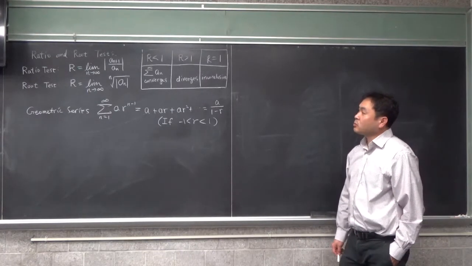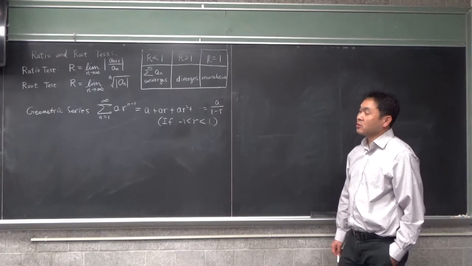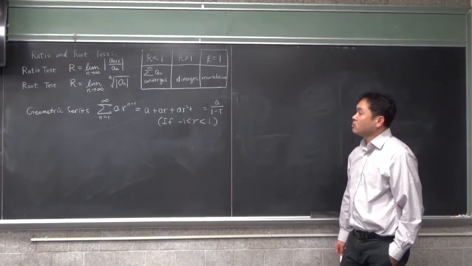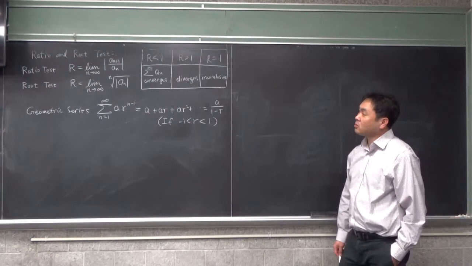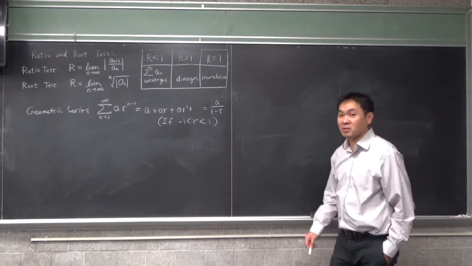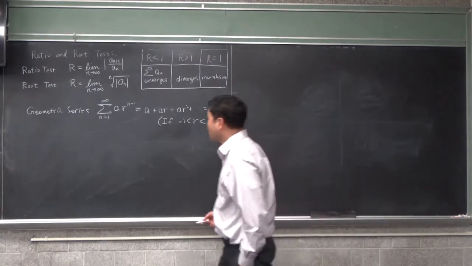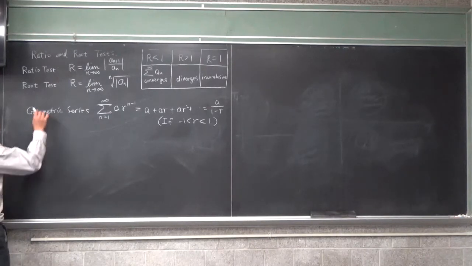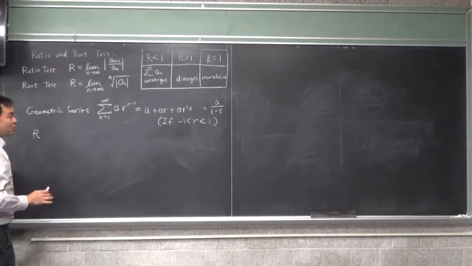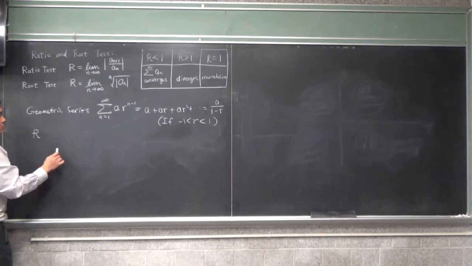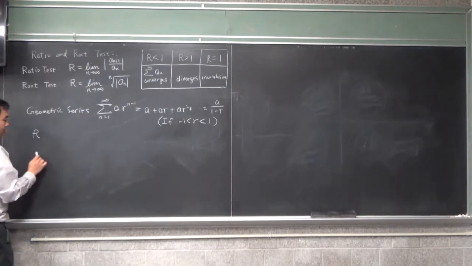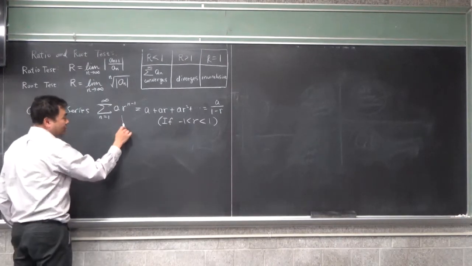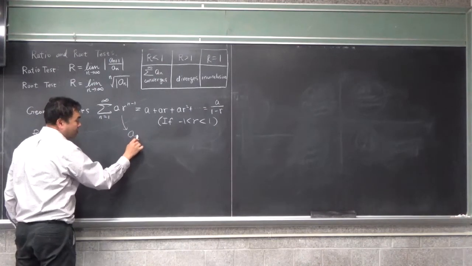Now, to understand what ratio tests and root tests are really doing, you want to apply it to this specific geometric series to see what it's saying. So let's calculate the capital R with the ratio test. The ratio test says you take the nth term, an.